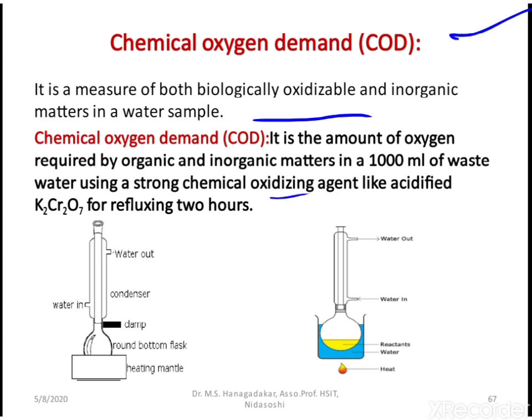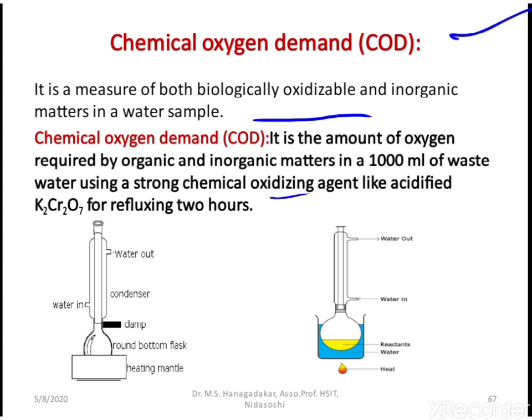I repeat once again, it is the amount of oxygen required by organic and inorganic matter in 1000 ml of wastewater using a strong chemical oxidizing agent like acidified K2Cr2O7 for refluxing for 2 hours. So this is the definition of COD.